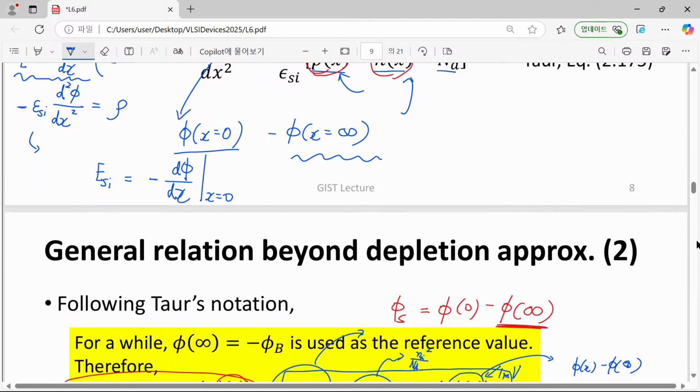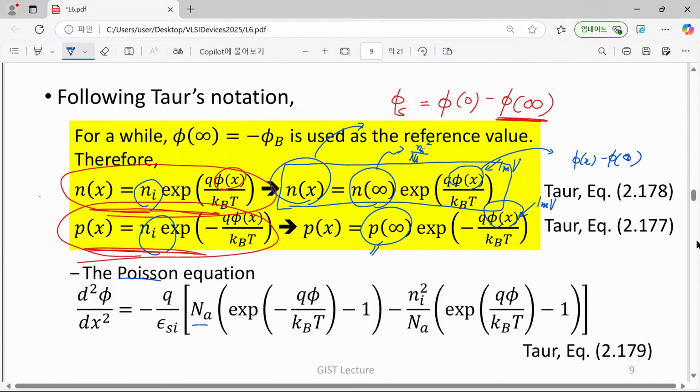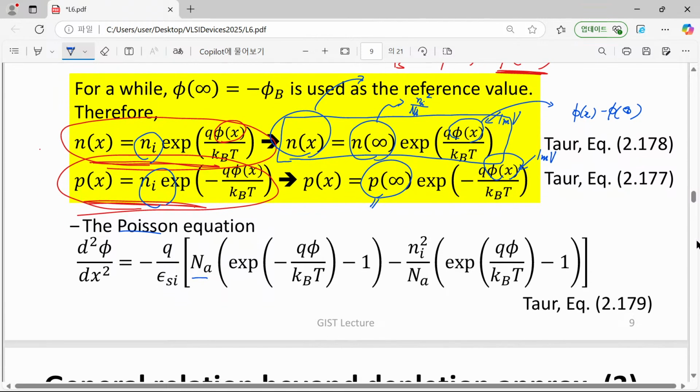But now, by using the exponential dependence of electron density and hole density on the electrostatic potential, please have a look here: phi, once again phi, and once again phi. Is there any electron density? No. Is there any hole density? No. There is only one equation for one unknown variable. So now we can solve this equation.